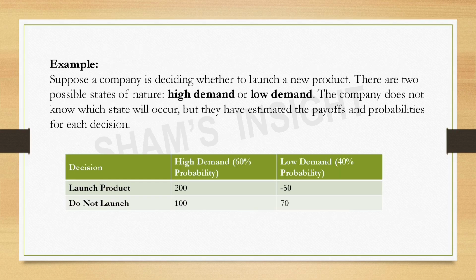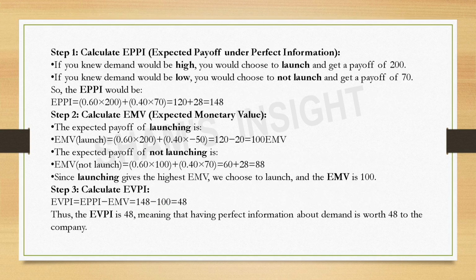The expected payoff of not launching is 100 times 0.60 plus 70 times 0.40, and summing it up we get 88. The highest one is 100, the expected payoff for launching, so we'll choose 100 as EMV. Now for calculating EVPI, it's 148 minus 100, that gives us 48. Thus the EVPI is 48, meaning that having perfect information about demand is worth 48 to the company.